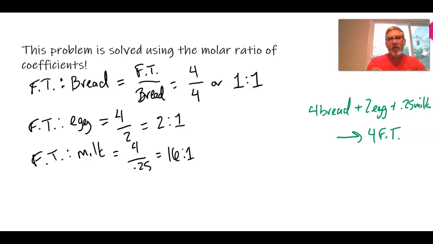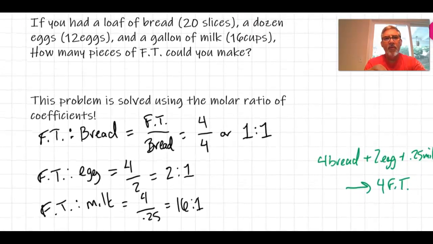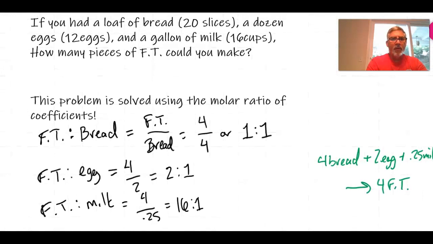If I'm going to look at the above example, if I have a loaf of bread and that loaf has 20 slices, my ratio in my equation of bread to French toast is 4:4, or a 1:1 ratio. So for every 1 piece of bread I have, I can make 1 piece of French toast.